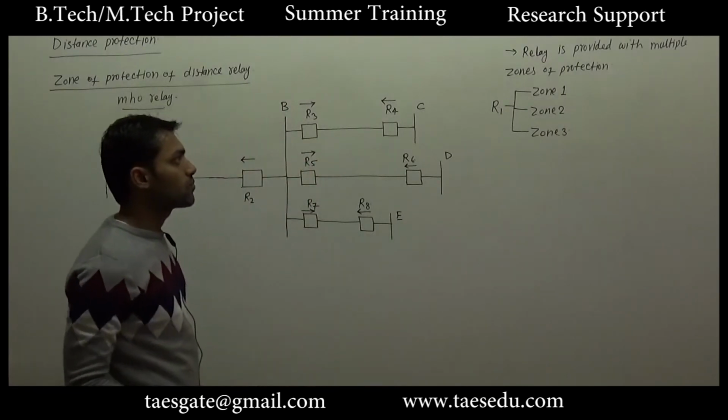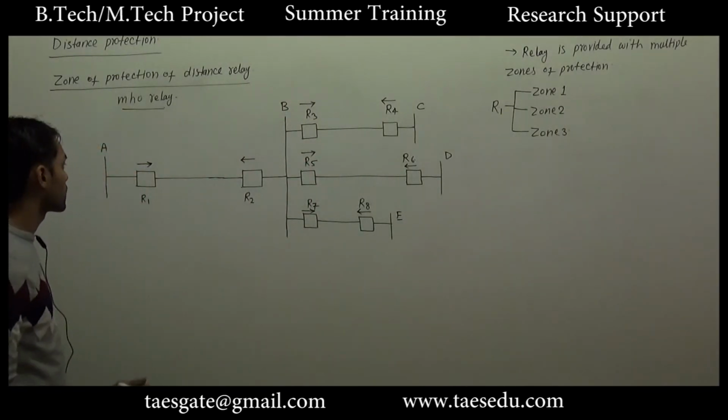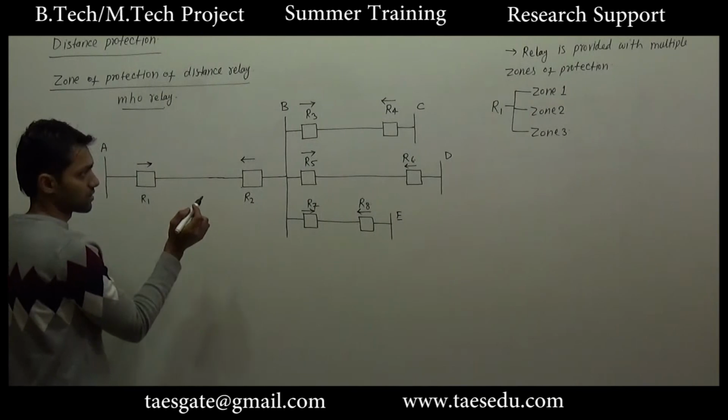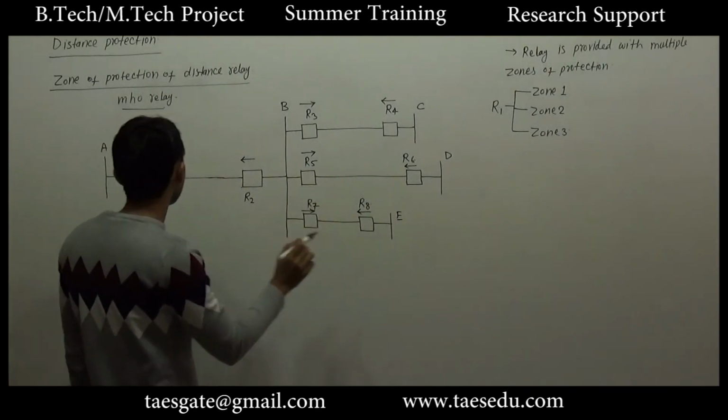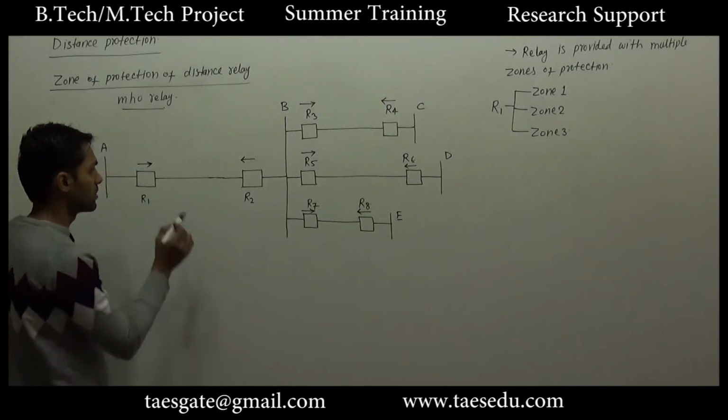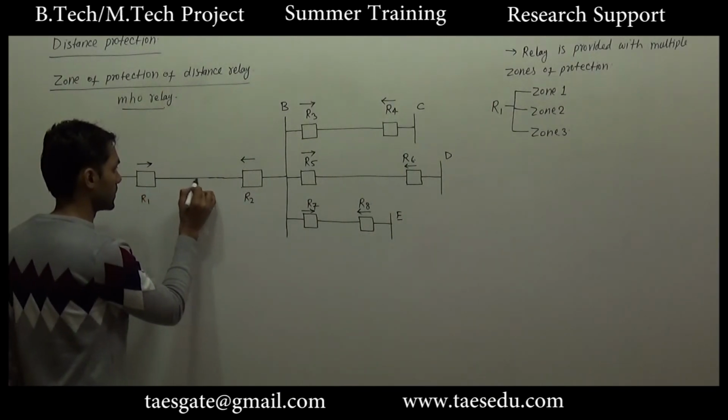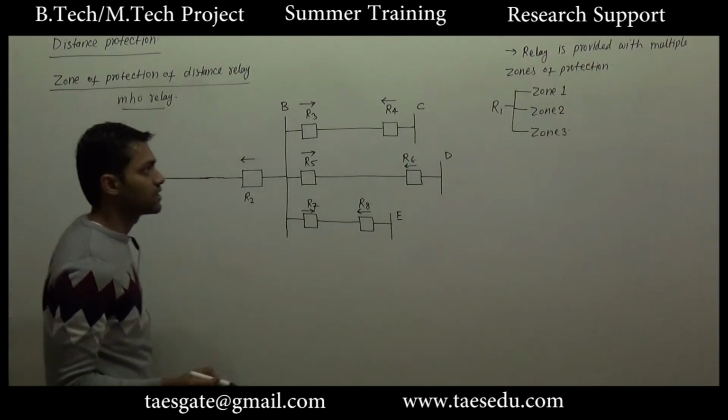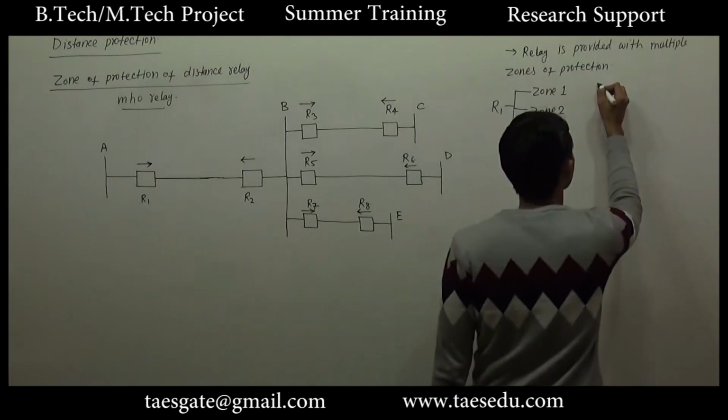Okay, so zone 1 protection is provided for the protection of this primary line. Like for relay 1, the zone 1 protection will be primarily for this line. And the reach of zone 1 protection is 80%.